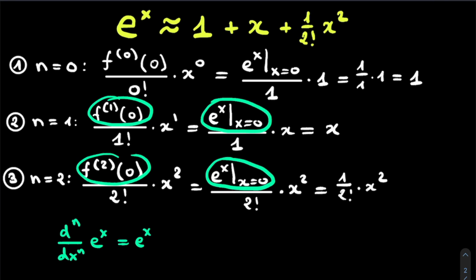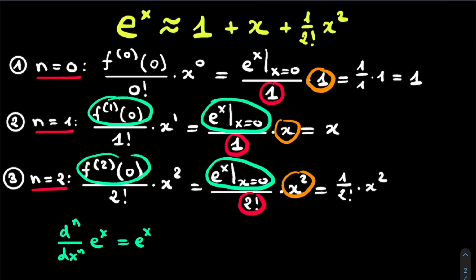What remains is this denominator, which is always the factorial of n, which was n is equal to 0, n is equal to 1, and n is equal to 2. And of course our power of x. In this case it was x to the power of 0, x to the power of 1, x to the power of 2, and so on. Thus we can see the following pattern that allows us to approximate e to the power of x, or in other words write down the Taylor expansion.